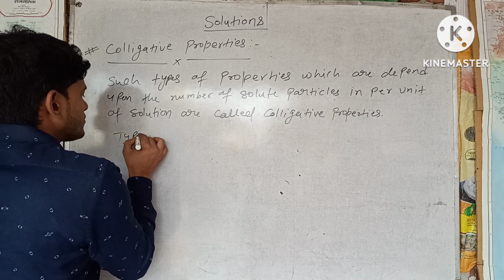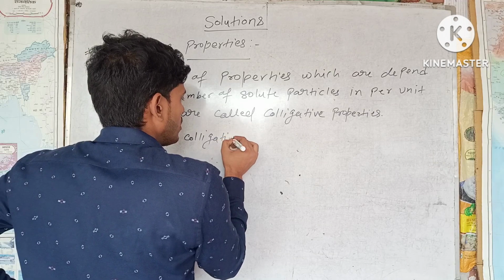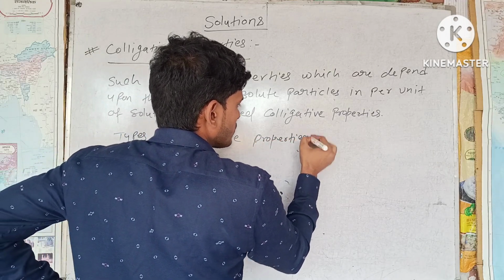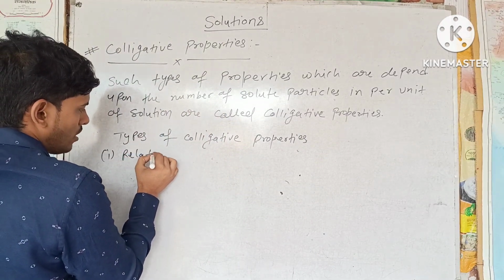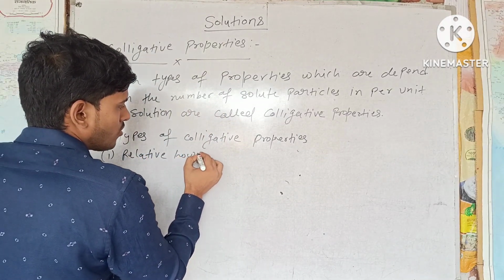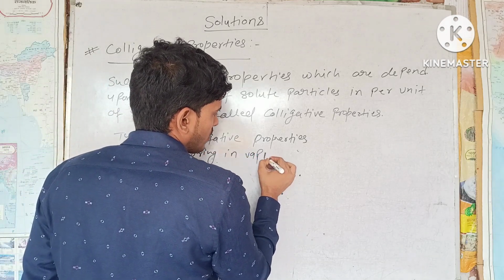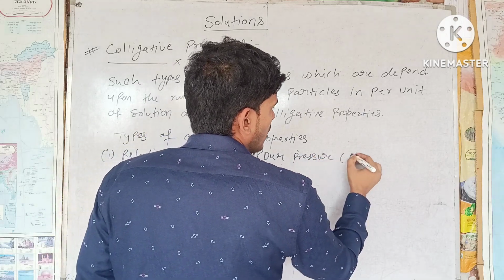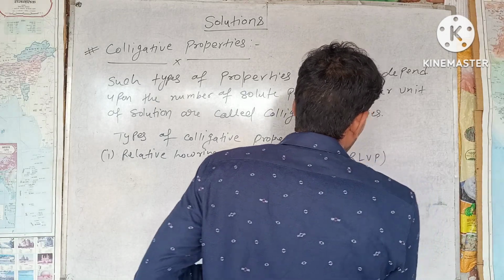Types of colligative properties. The first one is relative lowering in vapor pressure, in short we write RLVP.